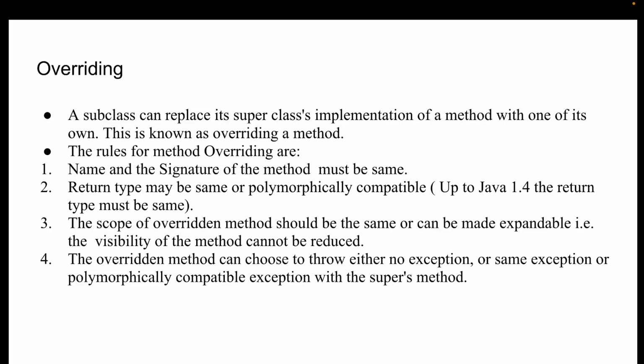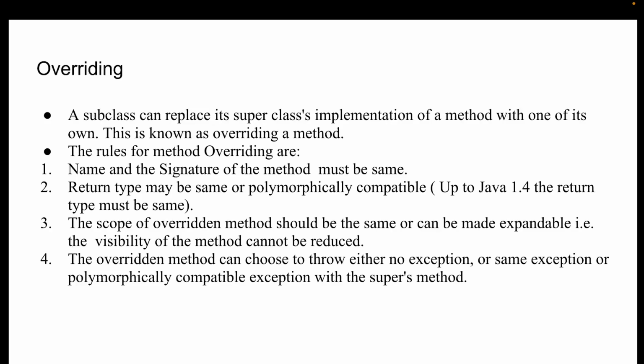We have seen these demos as well. These keywords restrict the usage of some of the variables or methods in a class. Basically, these access modifiers are used to show the visibility of a method or variables. So what this third point tells is that the scope of the overridden method should be the same or can be made expandable.